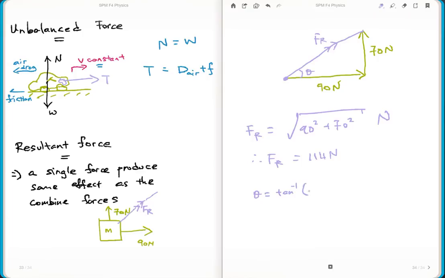Make sure the mode in your calculator is set to degrees. The angle will be 37.9 degrees. So this is how you get the resultant force: first identify where you will be moving, then draw the arrows tip to tail, and connect all of them.